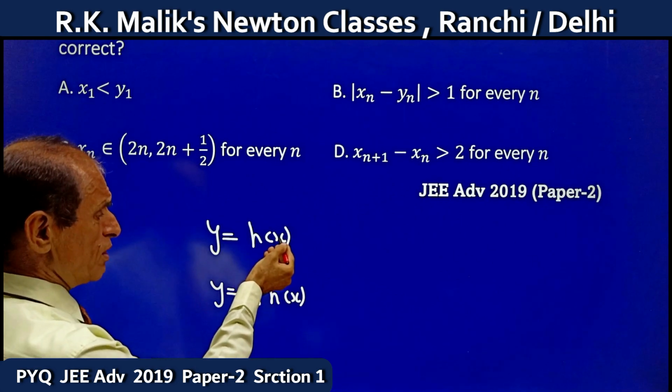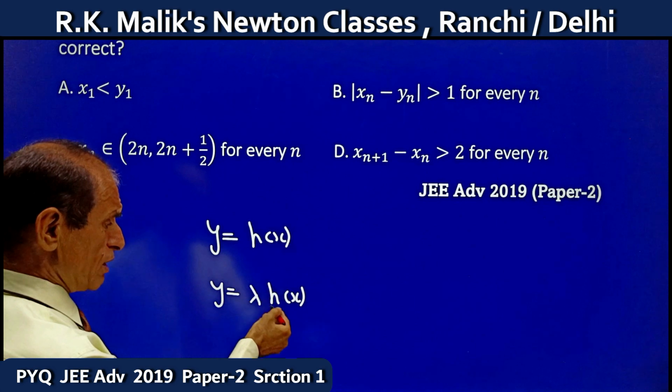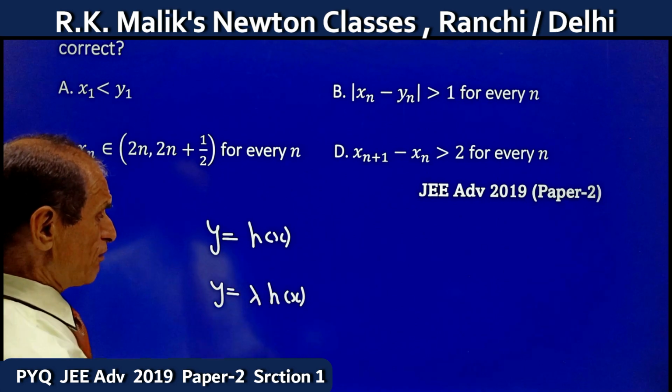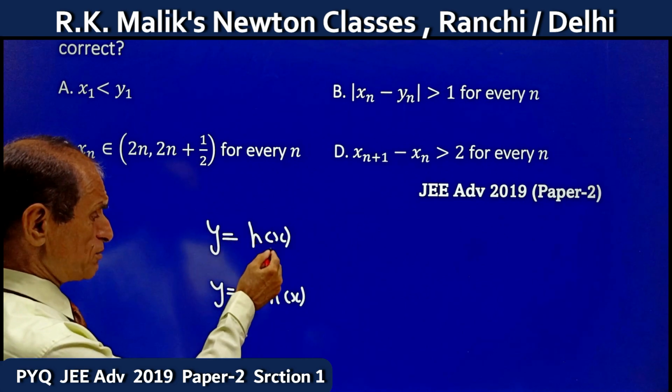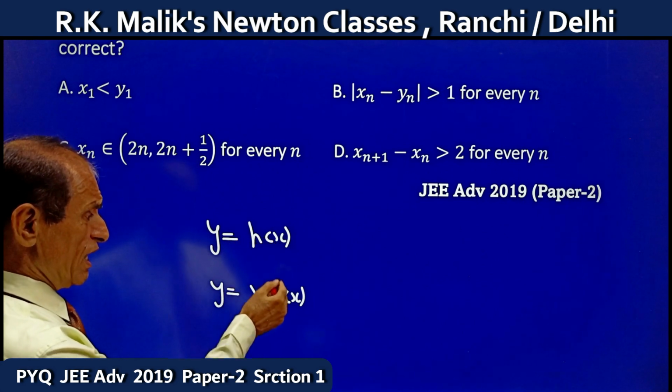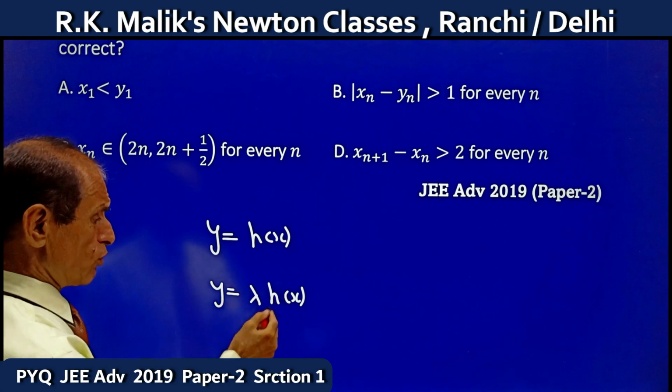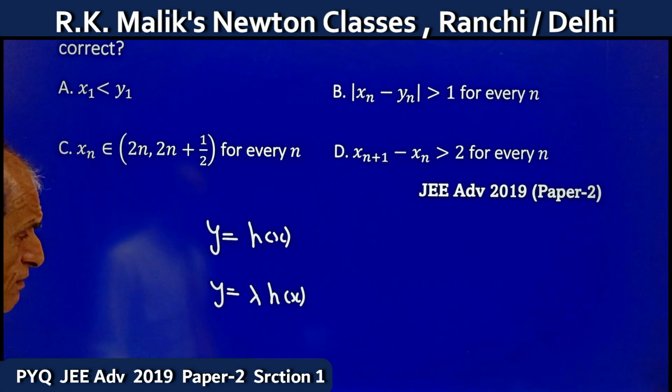Wherever it has local minima, at the same point it will also have local minima. And if lambda is negative, the nature will change. Wherever it has local maxima, it will have local minima, and wherever it has local minima, it will have local maxima at that point. And these two things I'm going to use in this question. We use this concept wherever it makes our calculation easy.